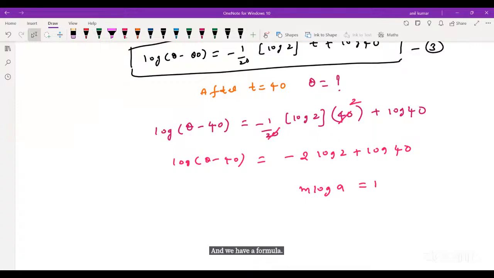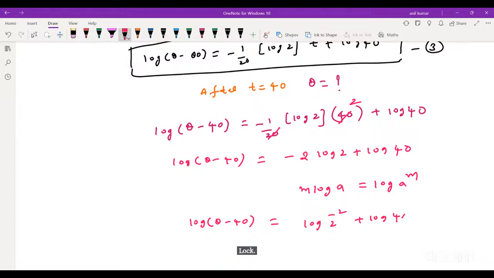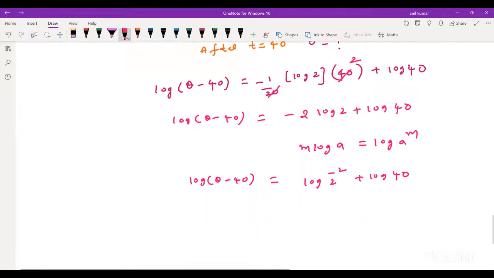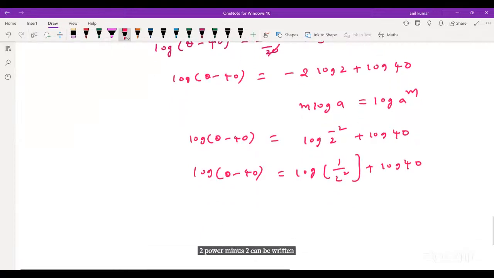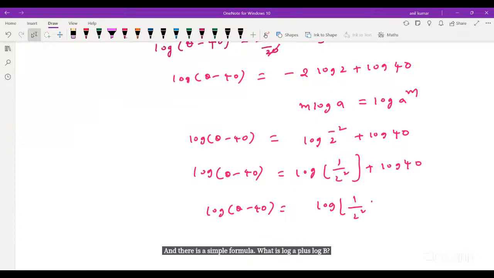We have a formula: m log a equals log a power m. So log theta minus 40 equals log of 2 power minus 2, which can be written as 1 by 2 square. And there is a simple formula: log A plus log B equals log AB.